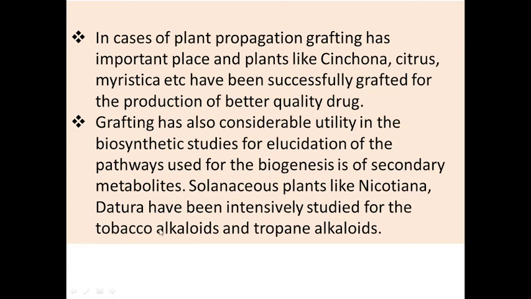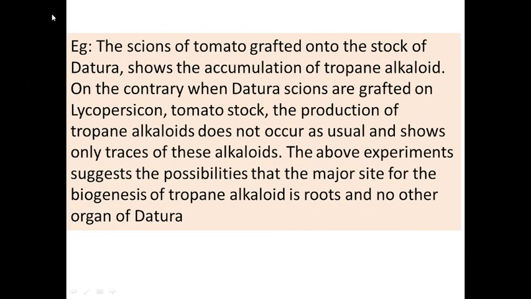Solanaceous plants like Nicotiana and datura have been intensively studied for tobacco alkaloid and propane alkaloid. Both come under the Solanaceae family. One example of grafting is a scion of tomato grafted onto the stalk of datura.